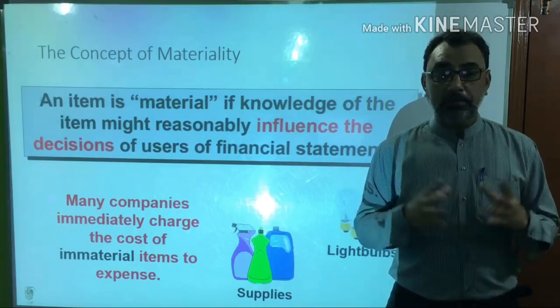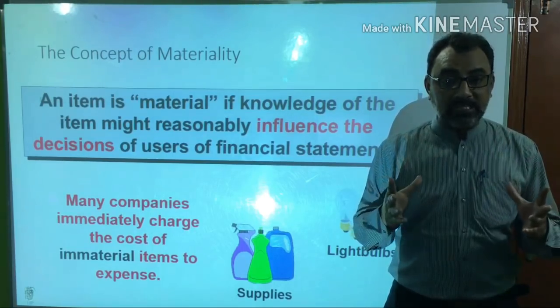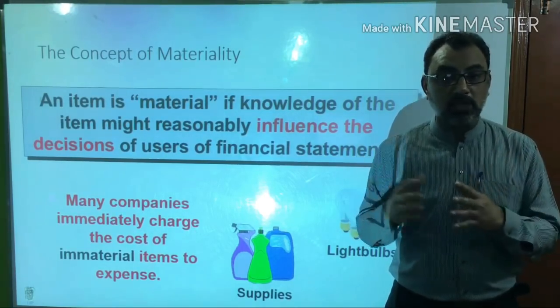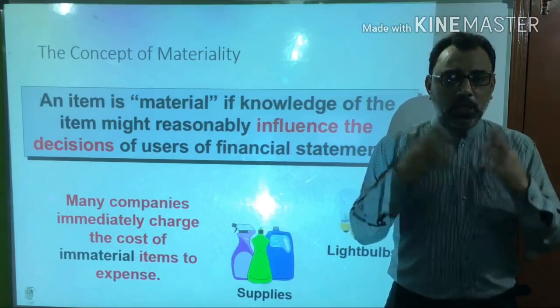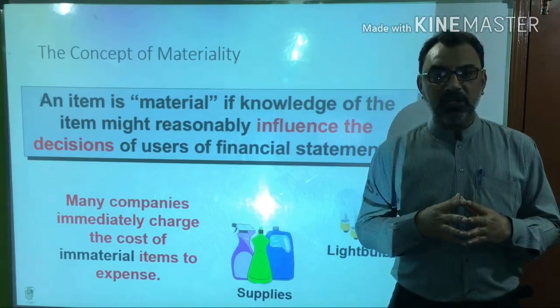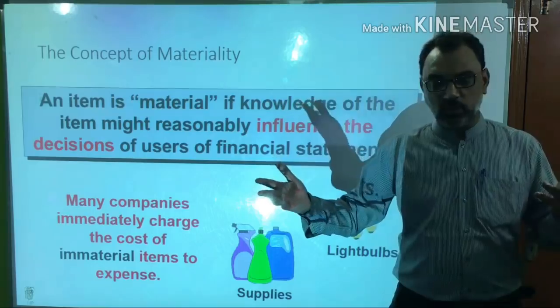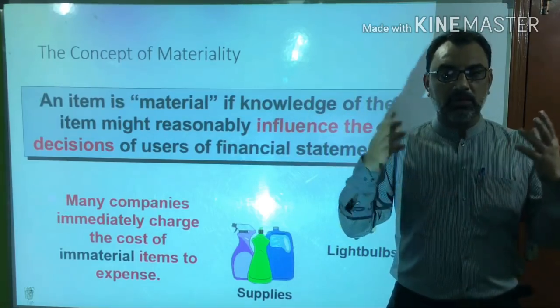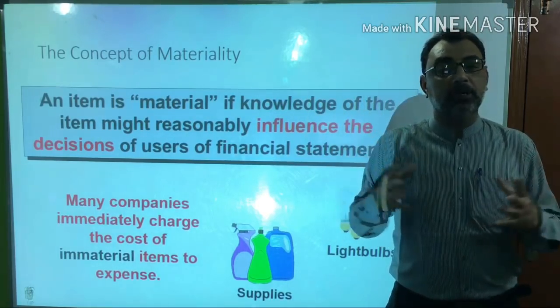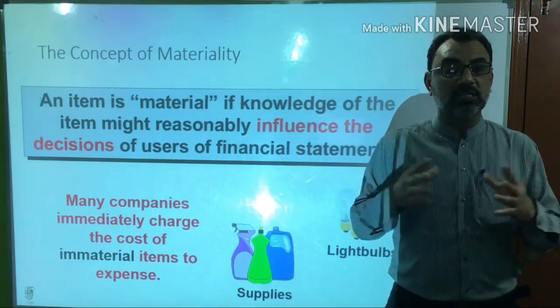For example, a business purchases many assets that have a very low cost and will be consumed quickly in business operations, including, as I told you, staplers, waste baskets, light bulbs, and janitorial supplies.